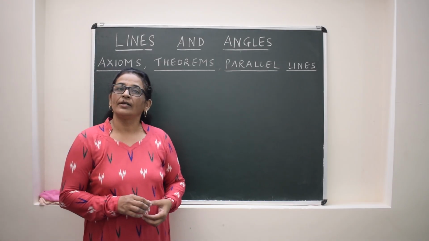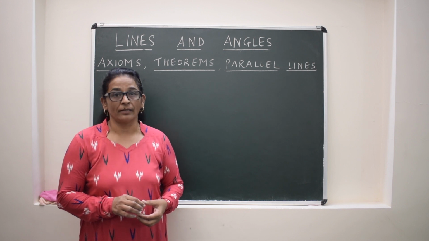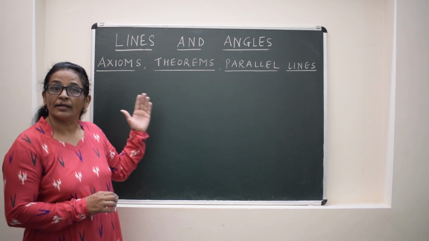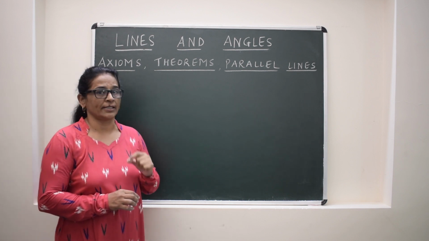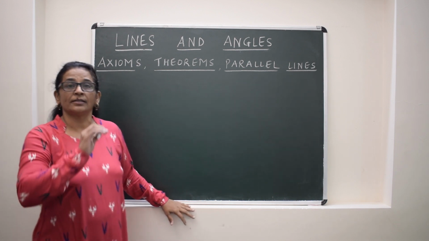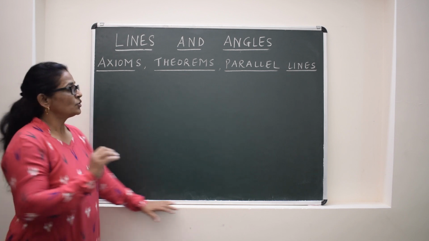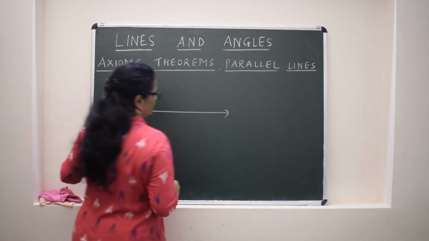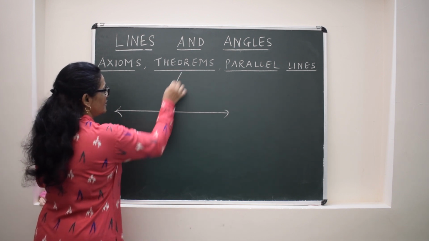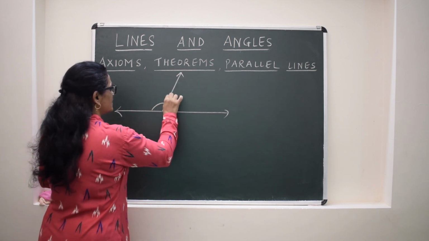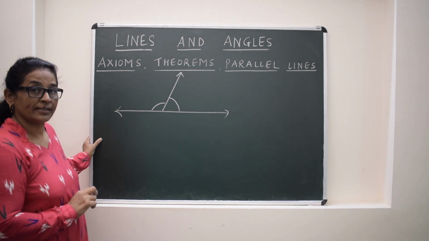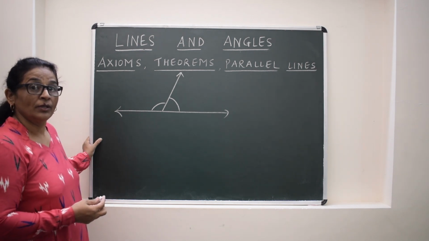Before we discuss different types of angles formed for the parallel lines, let's do some more concepts based on some axioms and theorems. An axiom is a proven statement. We don't have to prove it. It's a universal truth. So first is, if a line is drawn and a ray falls on that, then the formed two adjacent angles will be supplementary, or we can say their sum will be equal to 180 degrees.